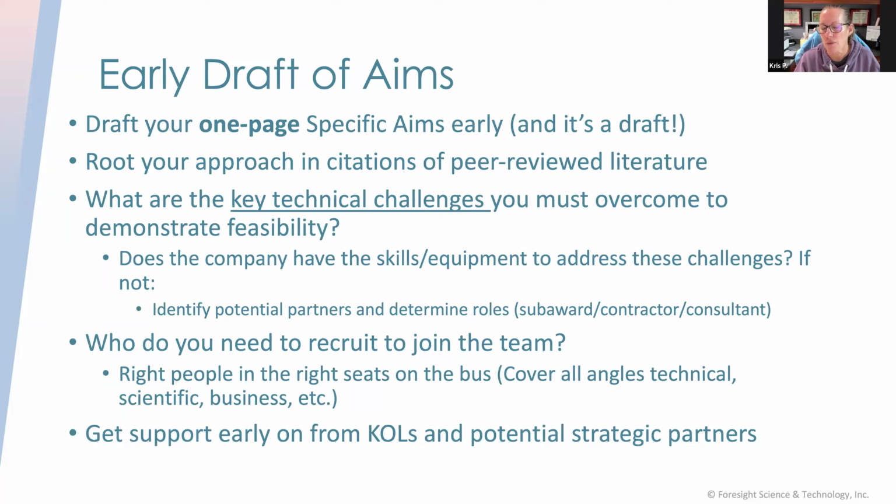And we do that a lot when we cover the significance section. And sometimes that's all we have: this study showed this, this study showed this, and we believe that if we combine those things, we're going to show this. So maybe you don't have specific preliminary data on your idea, but you are rooting it in peer-reviewed published literature that's supporting your approach.